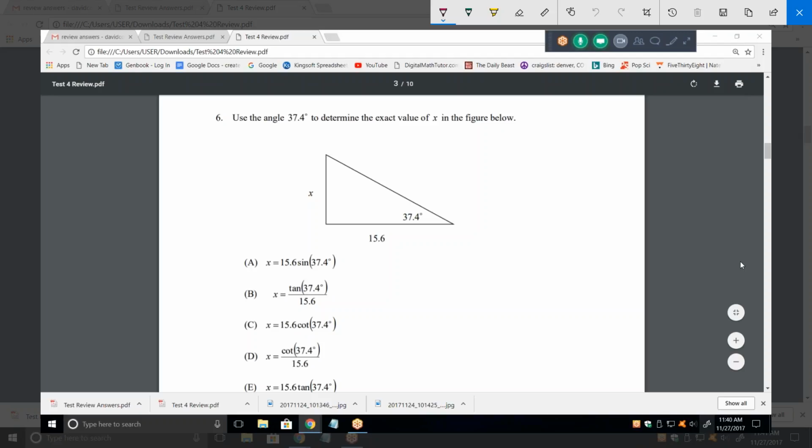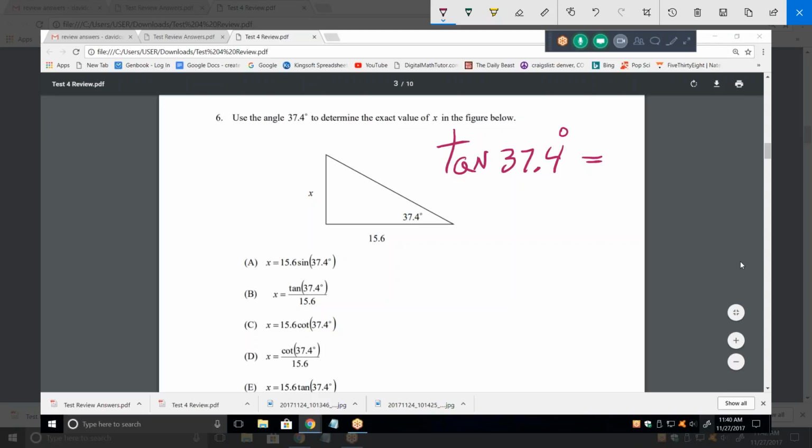It'd be tangent, and then of 37.4 because that's the angle. And let's make sure we specify degrees, because you can go real wrong if your calculator's in radians and you're talking about degrees, or vice versa.